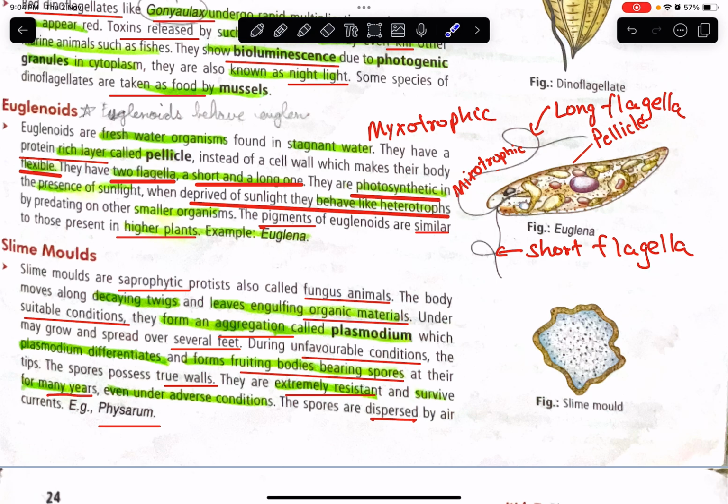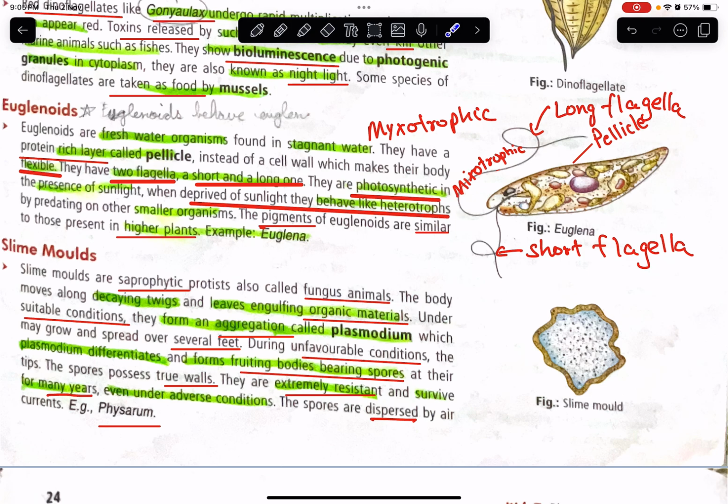So the body moves along because they are slime molds and they dwell on the dead and decaying matter, which is decaying twigs and leaves. They live there and they engulf the organic matter which is formed by the decaying twigs and leaves.